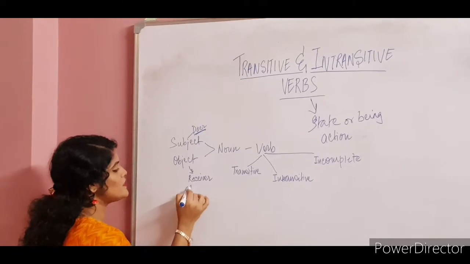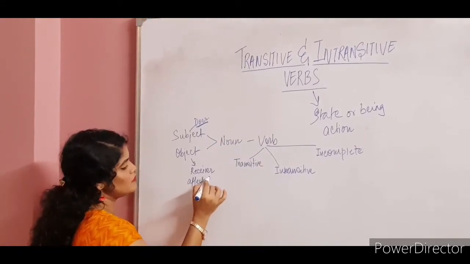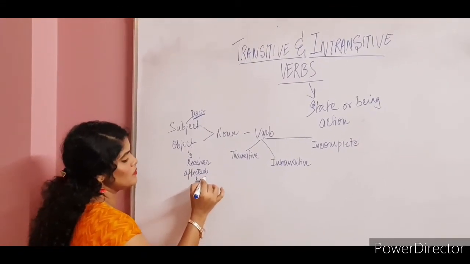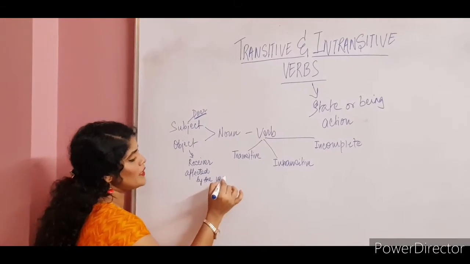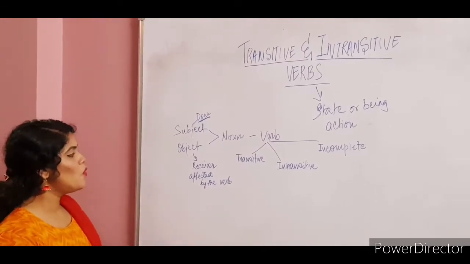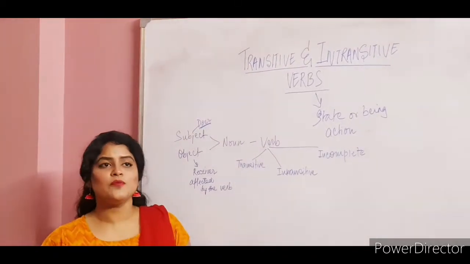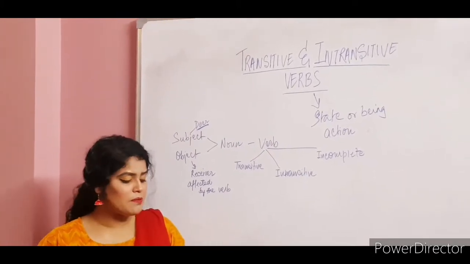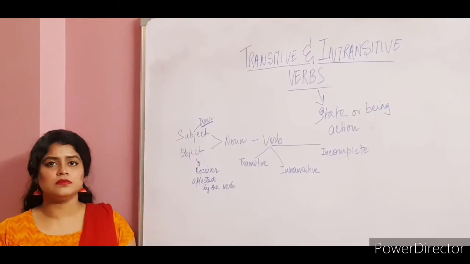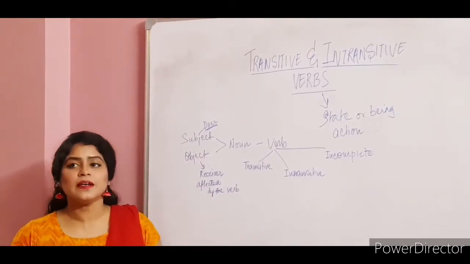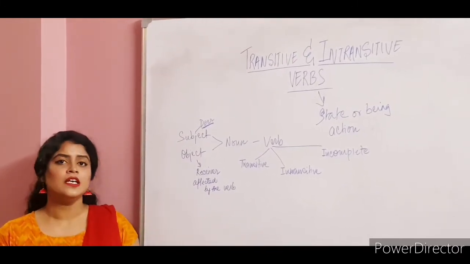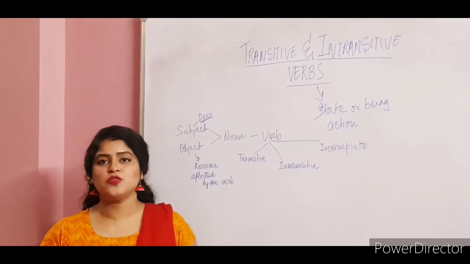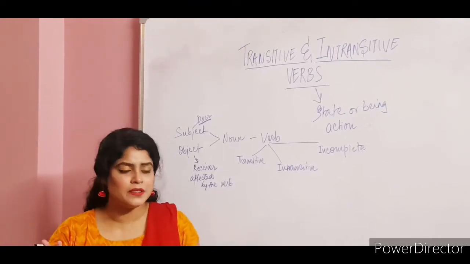Object is the one that is affected by the verb. So, if I say that the object is being affected by the verb, then I mean that something is happening. The subject is doing something and the object is receiving it. Object is getting affected. We have to remember this.